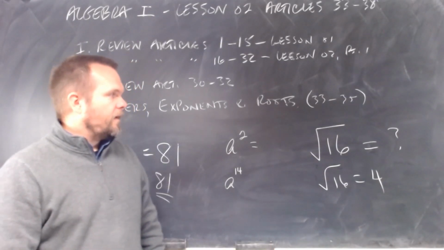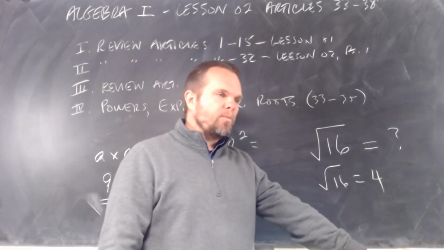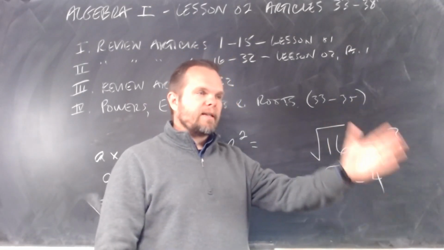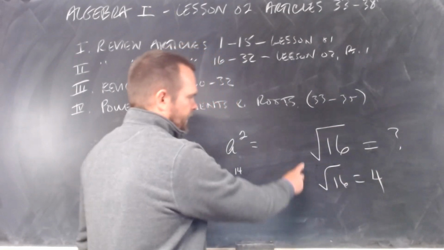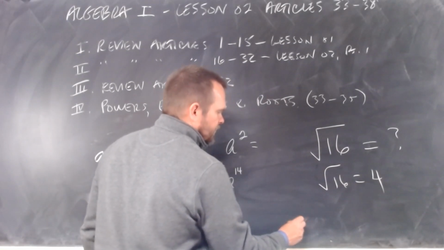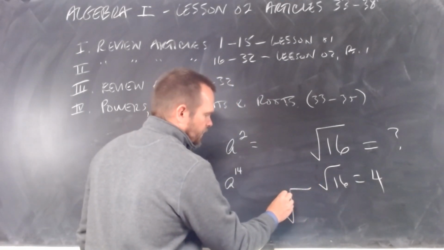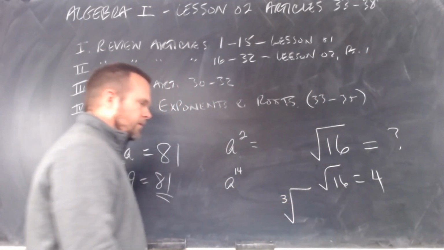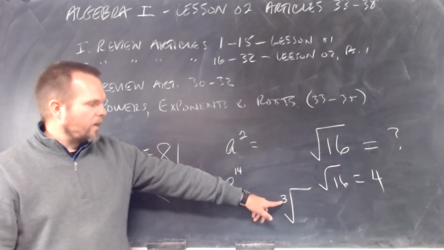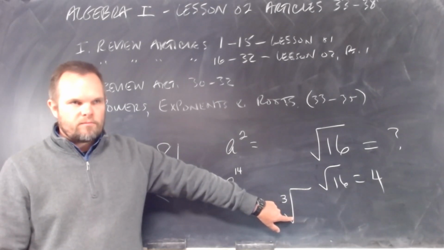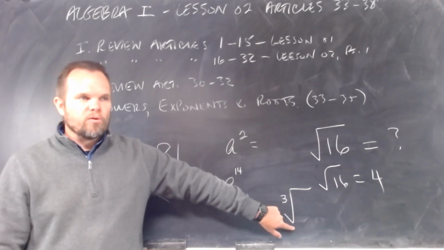Okay? If I want to ask for the cube root, what number taken 3 times, instead of writing the radical sign by itself, I'll write the radical sign, but I'll put 3 there to show what I want is the cube root.